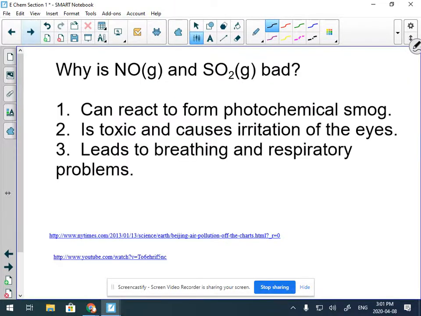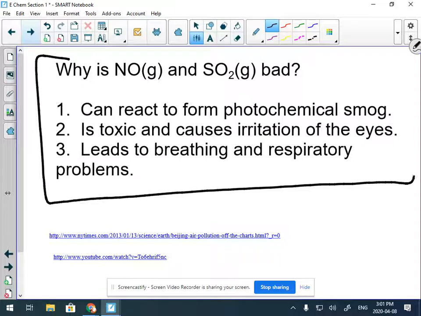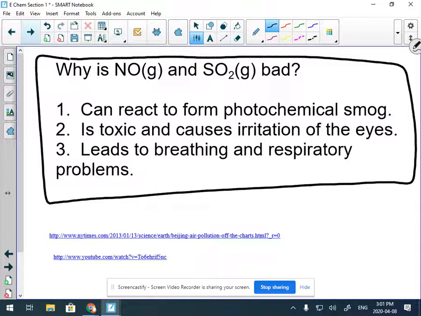Okay, so that's the thing I'm going to end with, is that the reason why we're concerned about these oxides of nitrogen and sulfur is they lead to smog. It's toxic, it's an irritant, and it's led to breathing and respiratory problems.